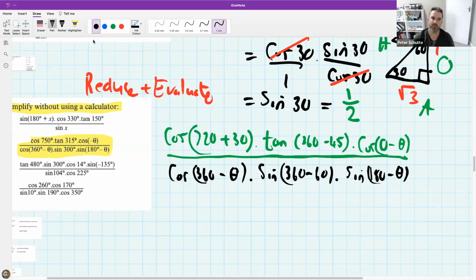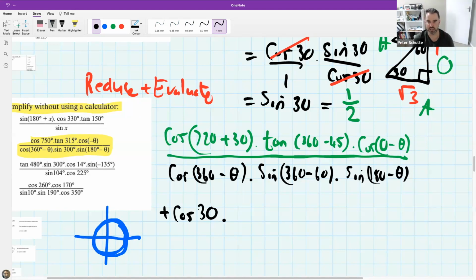So Bolcanio, if you want to think about the nearest horizontal for 750, think about this. One trip around the sun is 360. A second trip around the sun is 720. And then to get up to 750, you're going to end up in quadrant number 1. Now, if you're in quadrant number 1, you know that this thing ends up being positive. Because you're using the horizontal, you stay with cos, and that just breaks down to plus cos 30. Because trig functions are cyclical, they repeat themselves, that's the way you would do that.